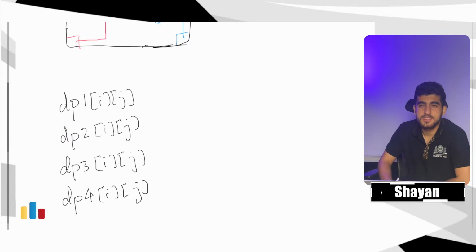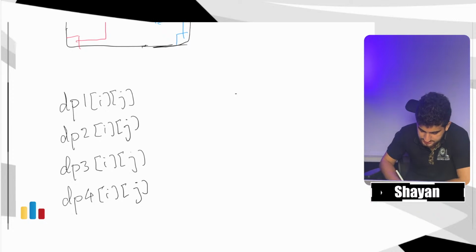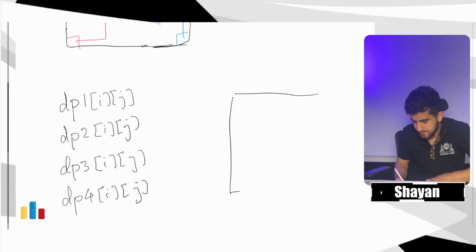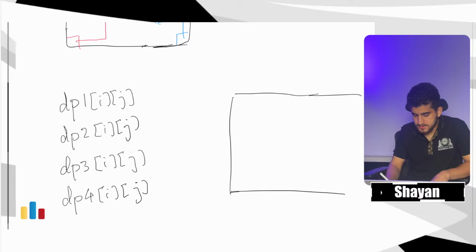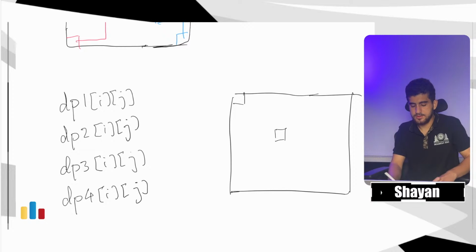What does this DP say? DP1 says the maximum total sum of a path from the top left corner to this cell.